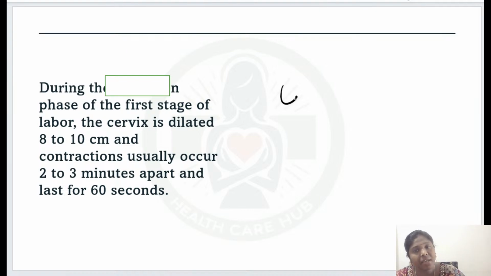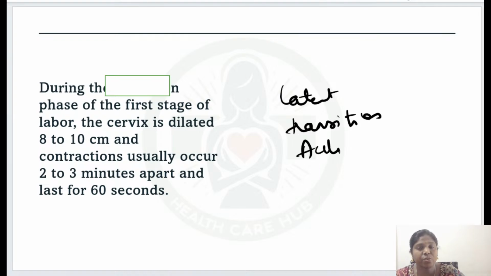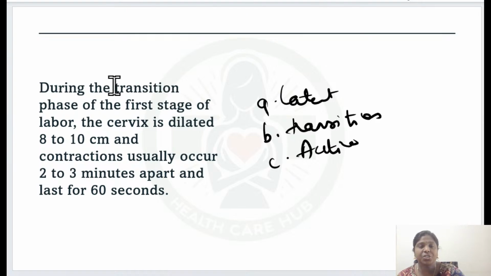It could be the latent phase, the transition phase, or the active phase. During which phase is the cervix dilated to 8 to 10 centimeters? In other terms we can call it the transition phase.